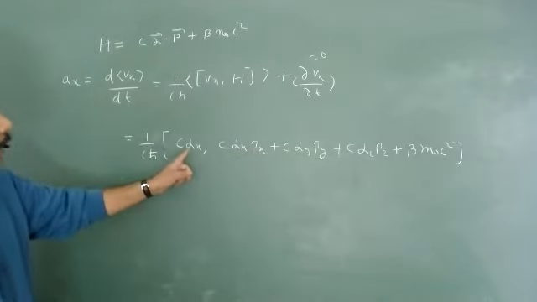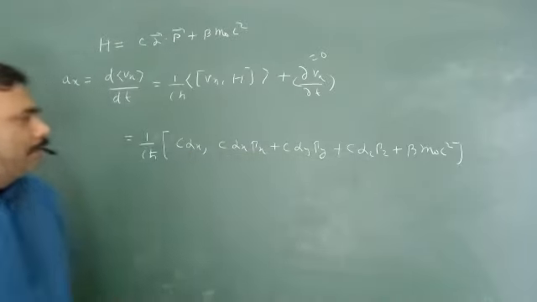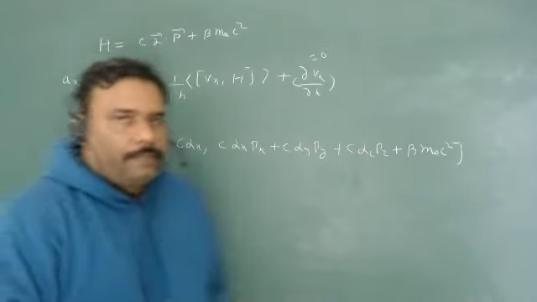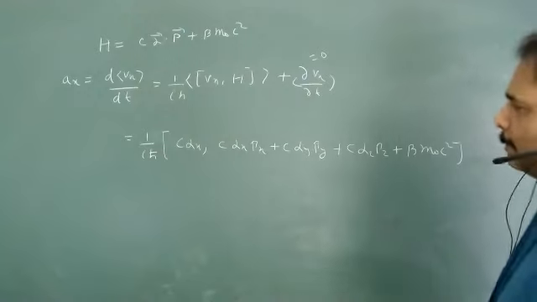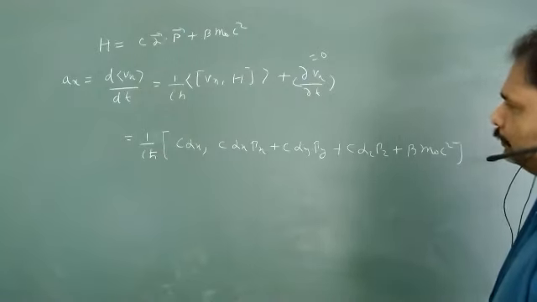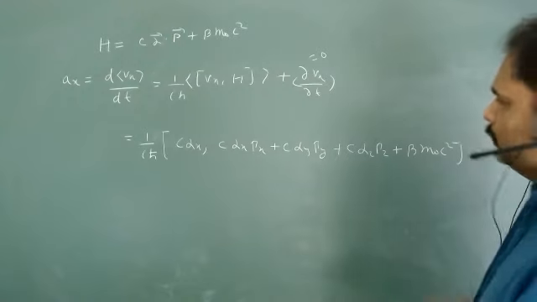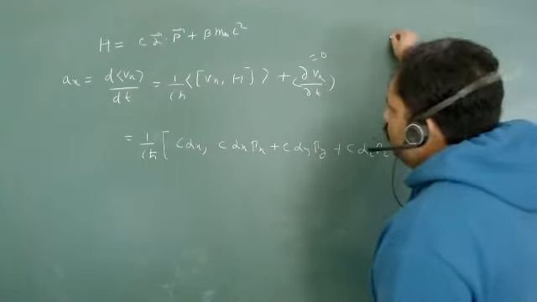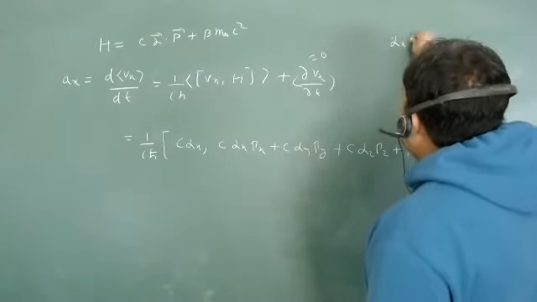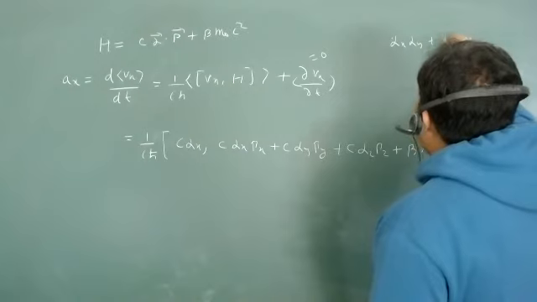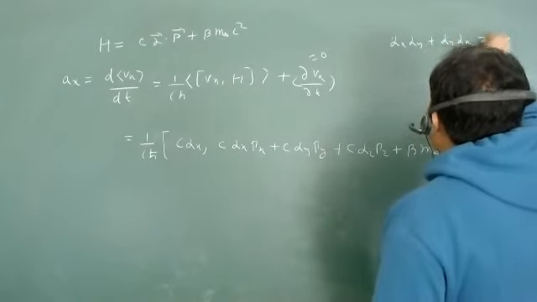What will happen to the commutation between alpha x and alpha y? Just tell me. You know this thing. Anti-commutation. Obviously, alpha x alpha y plus alpha y alpha x is equal to 0.